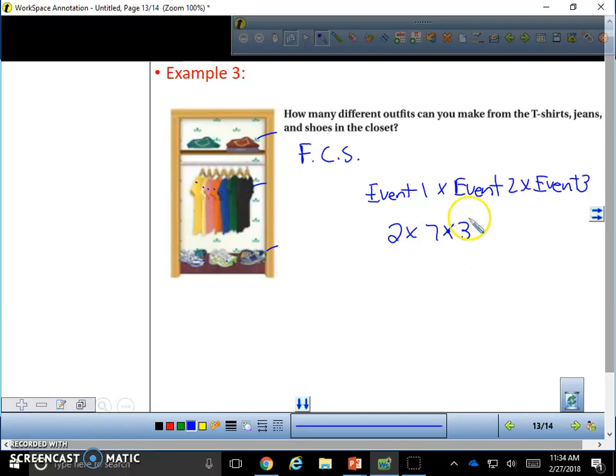Multiplying to find the total, 2 times 7 is 14, and 14 times 3 is 42. 42 total options, outfits. Just because it was asking for us to know how many options we have.